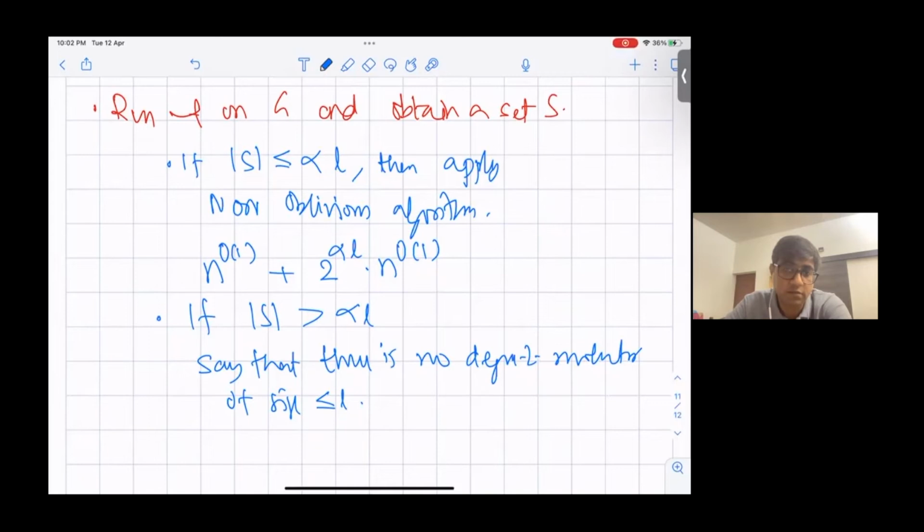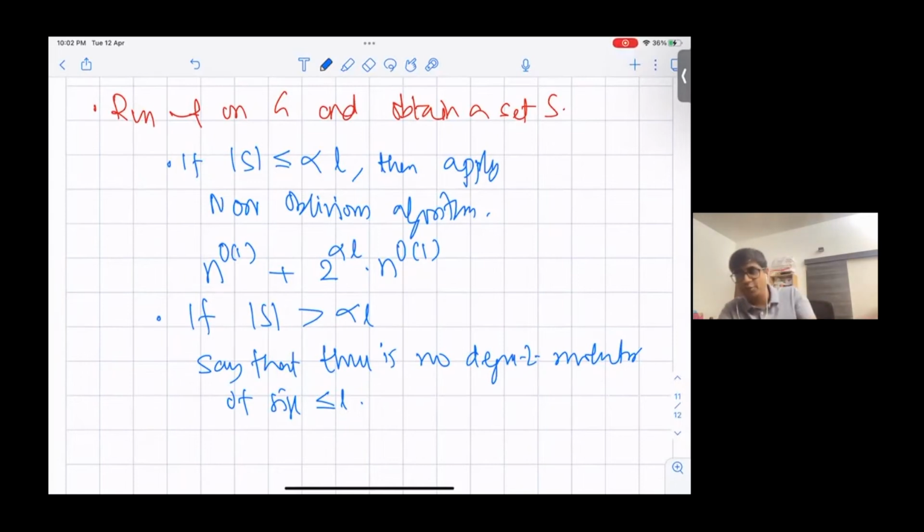Madhumita, is that fine? Yes. Right now, we are not explicitly finding it, right? But there are situations where we can tell that there is a modulator of this size. We are solving this problem even when I don't know whether a modulator of size L is there or not. In the first case, all I know is that my modulator is of size at most alpha L, but it's possible that the minimum size modulator has size 2L actually, or 3L.